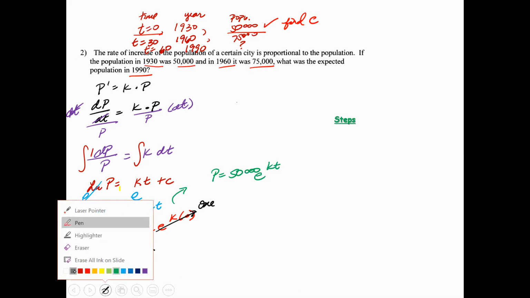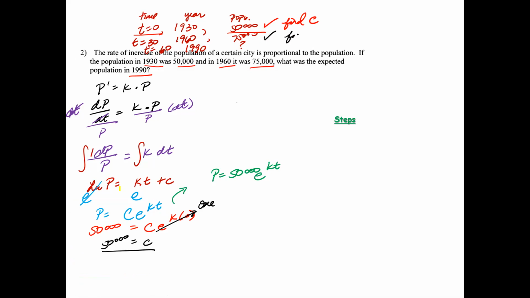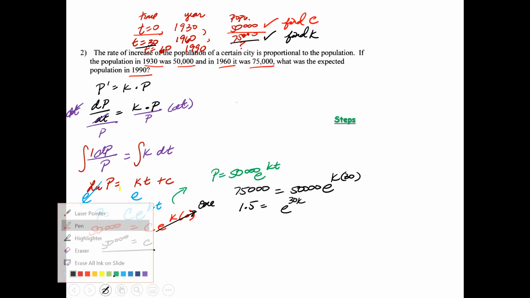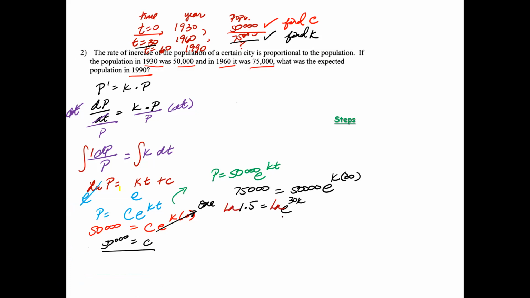Now I'm going to use this equation with the second point right here to find K. So in this situation, your population is 75,000 equals 50,000 e to the K, t is 30. Divided by 50,000 on both sides. 75,000 divided by 50,000 is 1.5 equals e to the K, or 30K, I should say. We're going to go ahead and do ln on both sides. So we have ln 1.5, e and ln cancel, equals 30K.